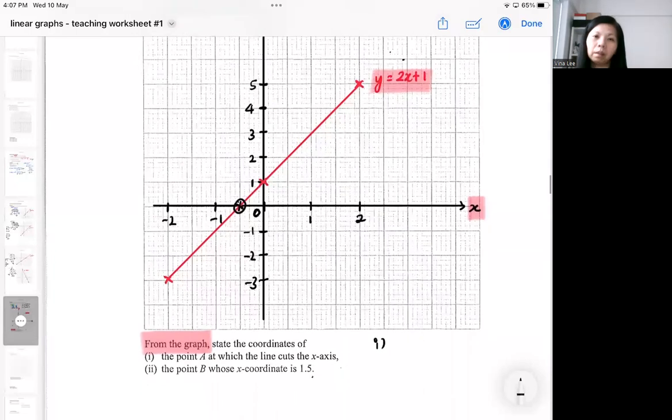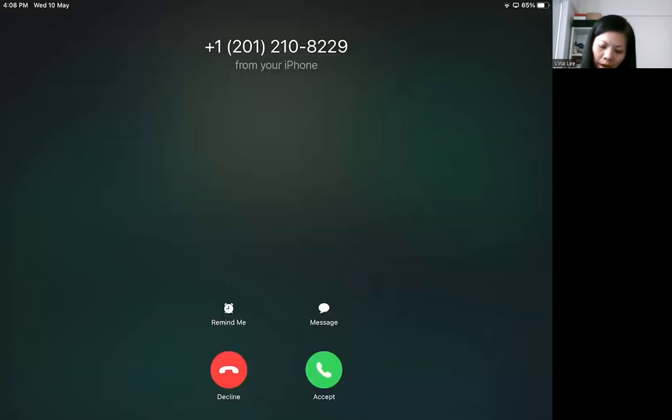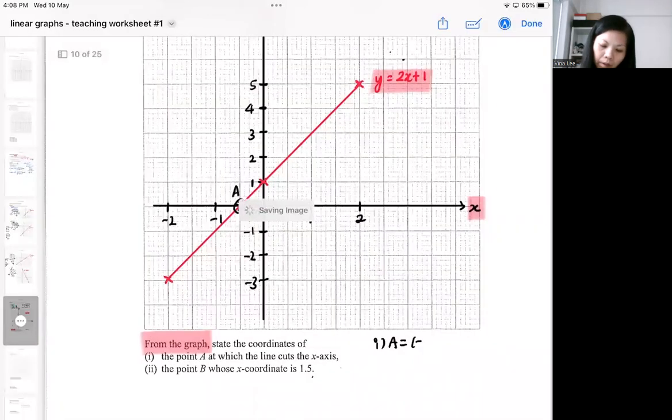You answer the question accordingly. They ask you for the coordinate. The coordinate will be minus half, 0. When they say coordinates, that means the x and y coordinate. Then the next one, the point B, where the x coordinate is 1.5.